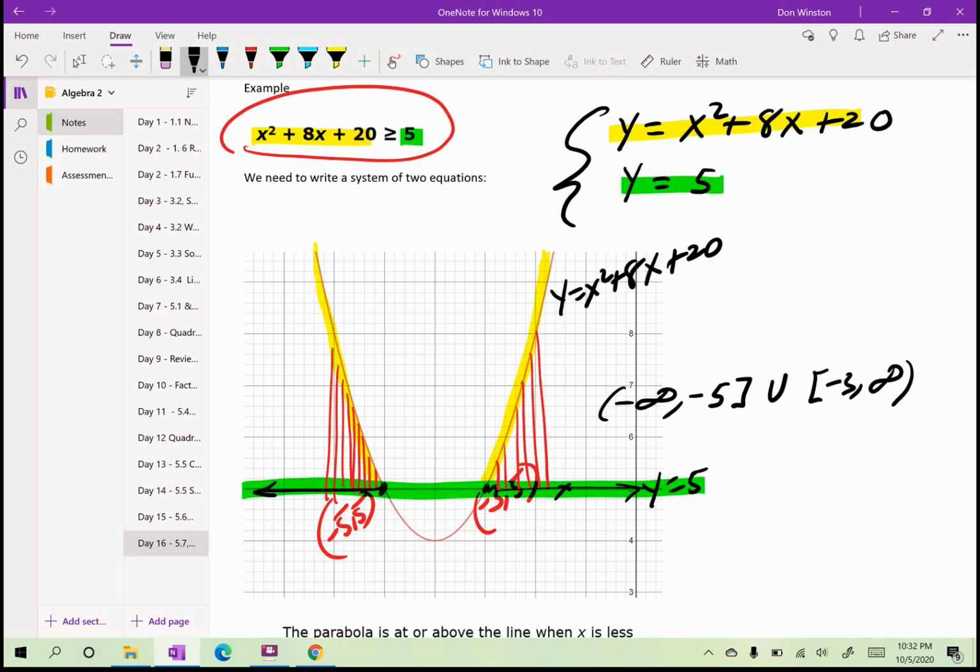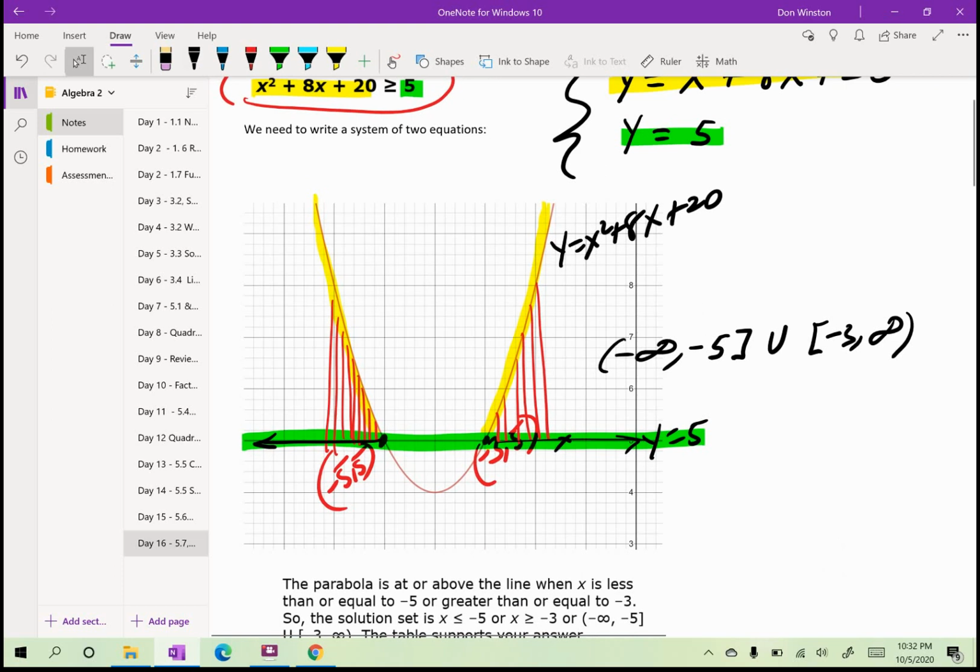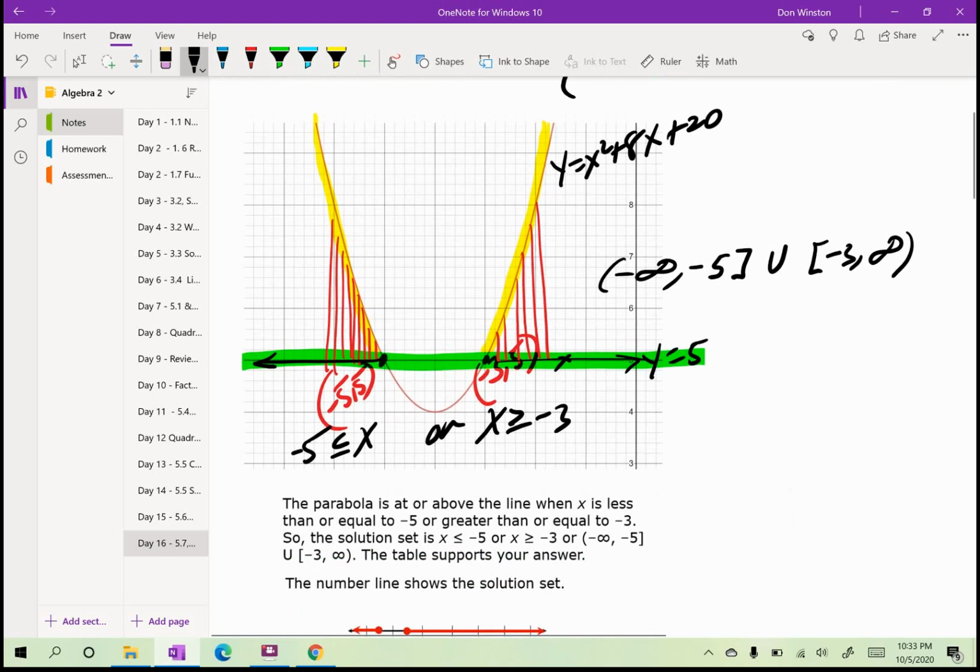That would be my solution in interval notation. Or I could say x is greater than or equal to -3, or x is less than or equal to -5. The y values for that yellow line will be above y equals 5.